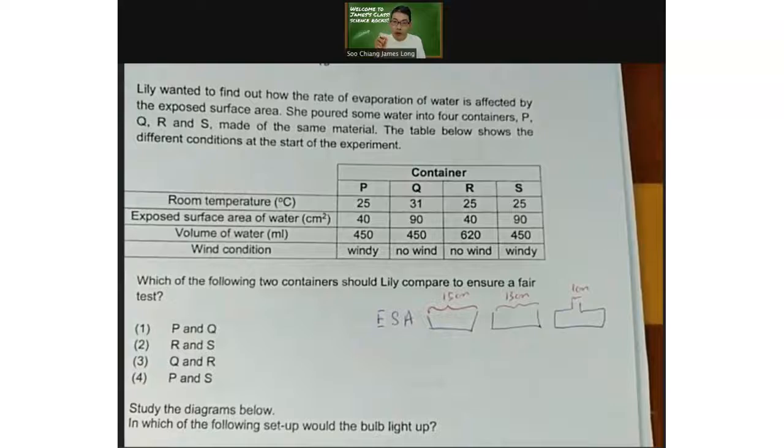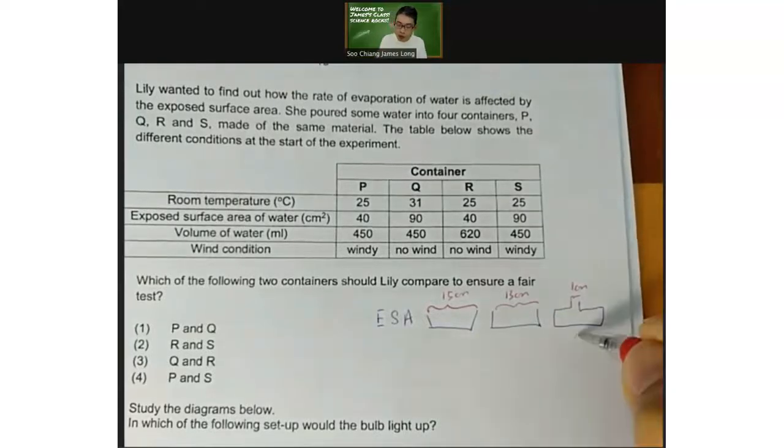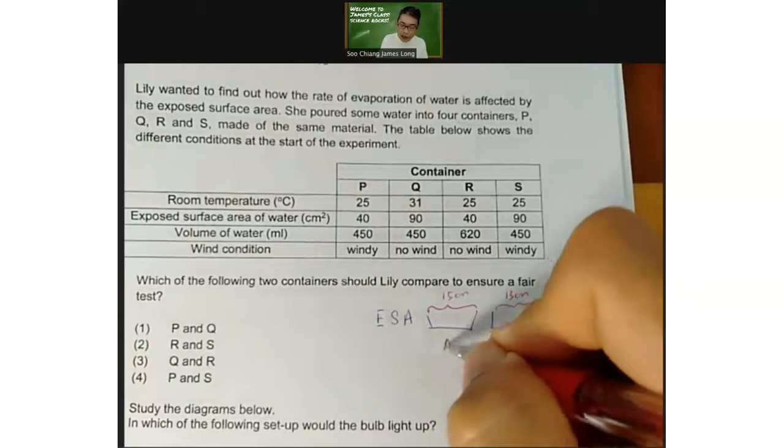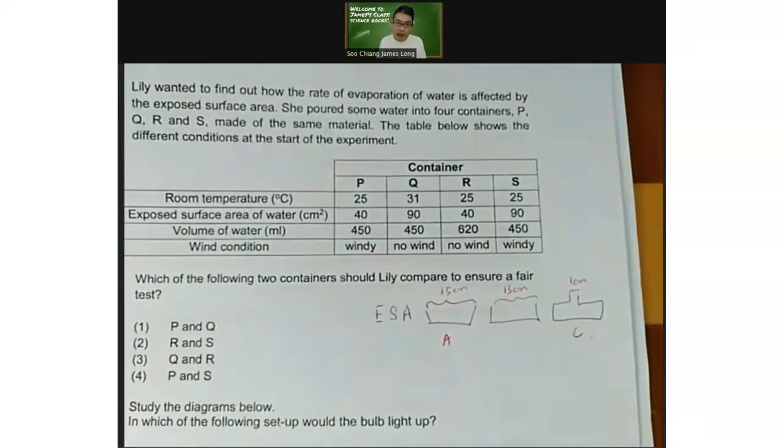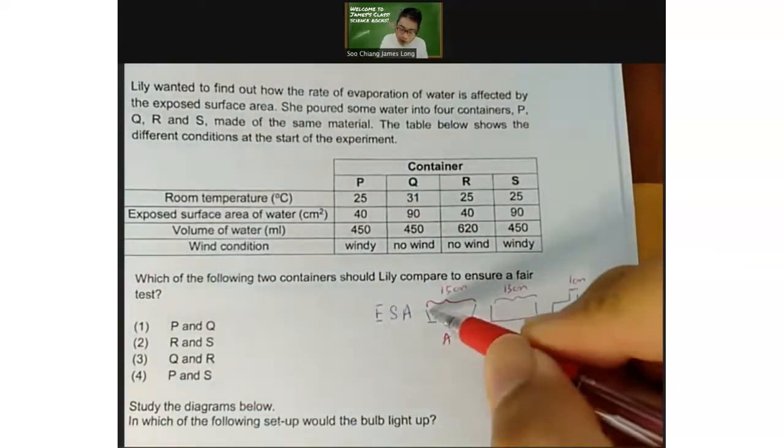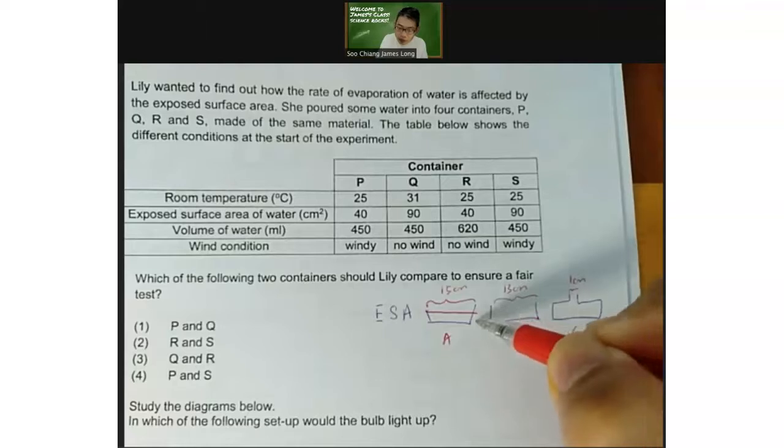Of course, the smallest exposed surface area would be container C. Now the largest one will be container A. But of course, we haven't come to the tricky question, because notice the exposed surface area for this container will change as the water level goes lower and lower.